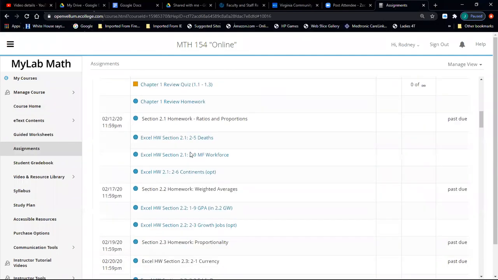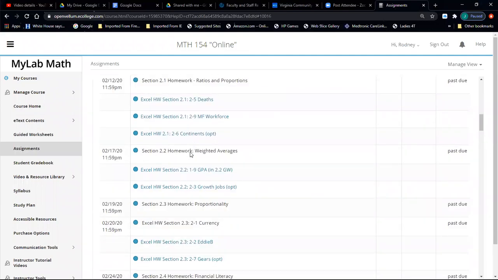No, it's not 2.1. Wait, yes, it is. This says 2.1, but it's actually Excel file 2.5. We're going to be doing the one that goes with 2.3, and that's called 2.1. I know that's confusing. So it's 2-1 currency. That is going to be the next one due.